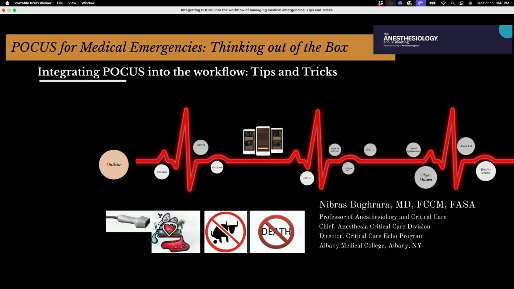So I think that's what Nibras showed us, right? The data that I presented is only 30 patients. It took 2.5 minutes, right? So for example, you're an anesthesiologist in the OR, you get a page that this patient in the ICU needs to be intubated. Now, if it's a code, that's a different scenario, and then we go to ACLS. If it's not a code, that means they want to intubate this patient in distress.